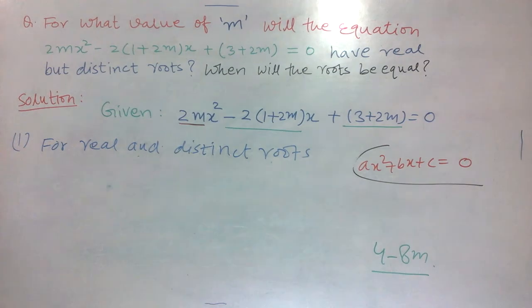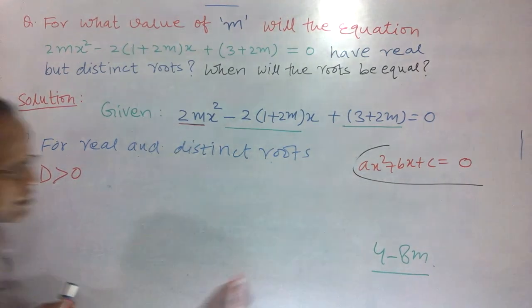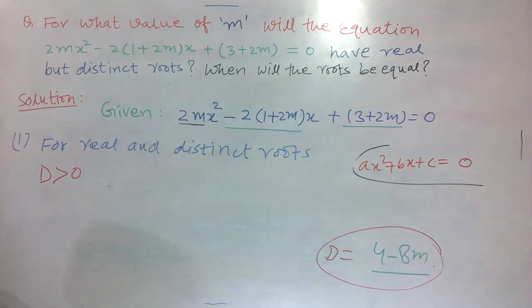For real and distinct roots, always value of discriminant must be positive. तो value of discriminant positive कैसे होगी? तो D क्या होना चाहिए? Greater than 0. And your discriminant comes out 4 minus 8m. We have already calculated it.